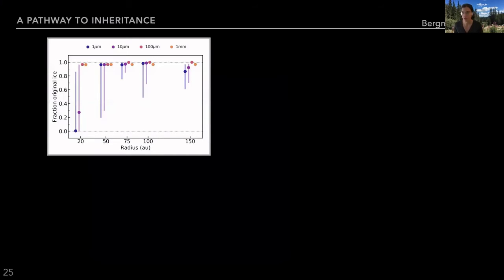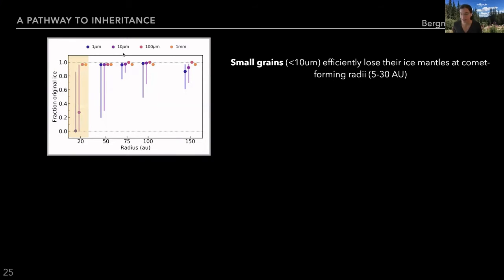So here now we have a summary plot showing the fraction of the original ice mantle that's left intact after 100,000 years for particles initialized at different radii in the disk, and the different colors are showing the 4 different grain sizes that we tested. For small grains less than about 1 micron in size, we see that they're really efficiently losing their ice mantles at the comet forming radii in the disk, which is between about 5 and 30 AU in our solar system.